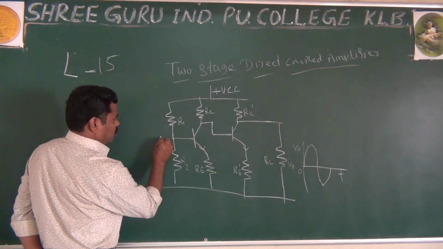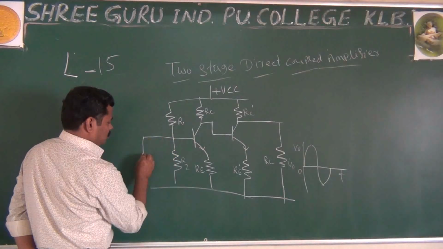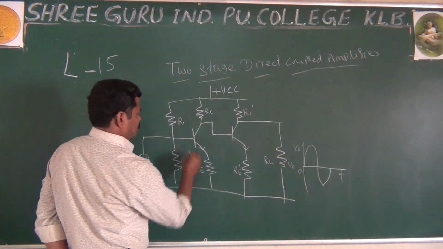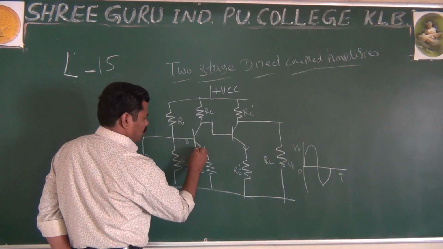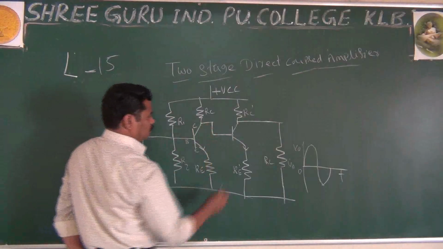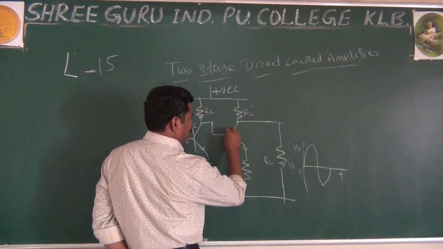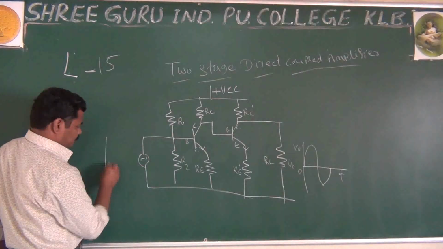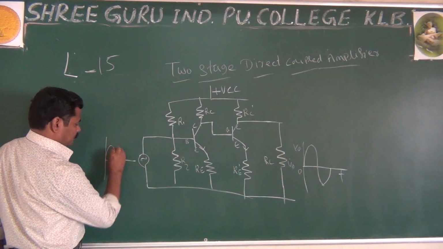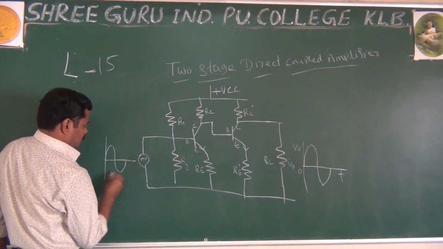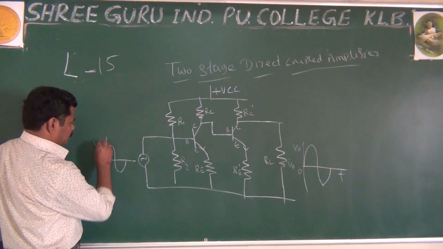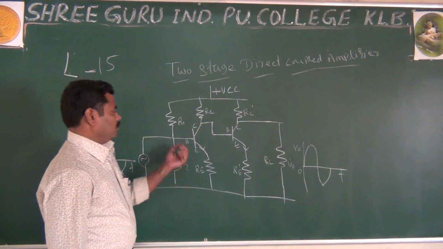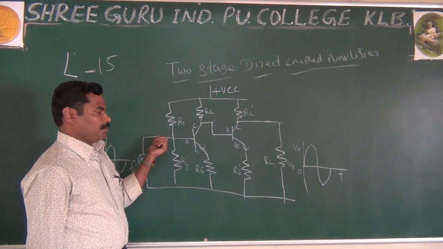And here you are applying an input to the emitter base section. This is your base, emitter and collector. Similarly, emitter, base, and collector. It means here you are applying the input Vi.